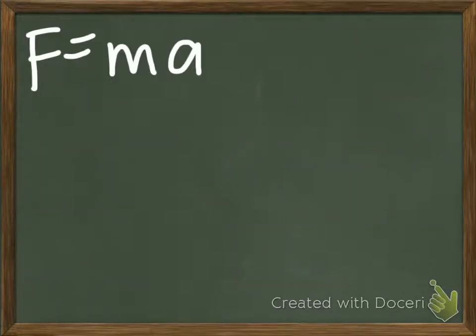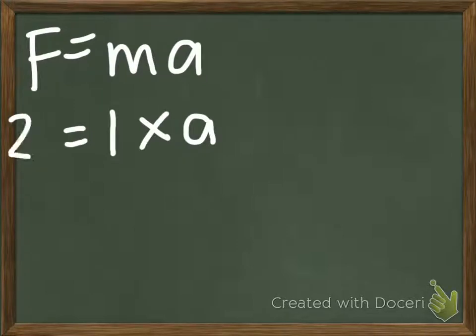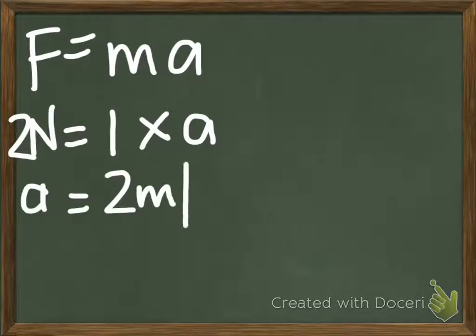Because this is a formula, there are relationships between the different variables. So for example, if I have a ball with a mass of 1 kilo and I exert a force of 2 newtons on it, my acceleration will be 2 meters per second squared.